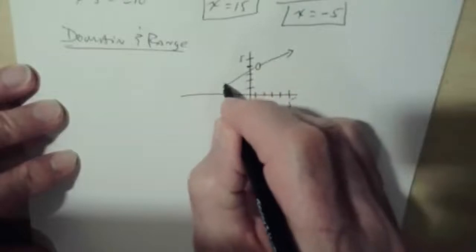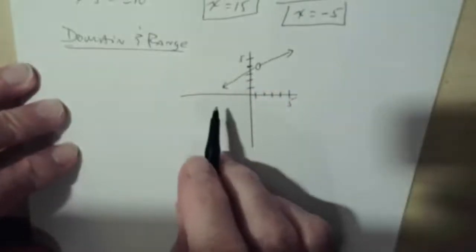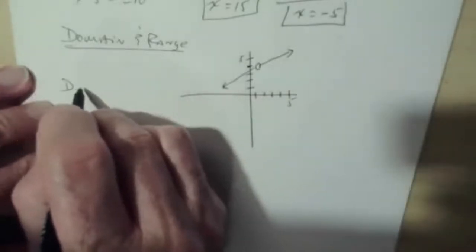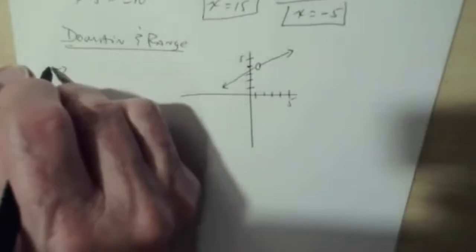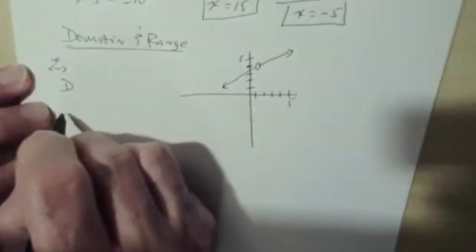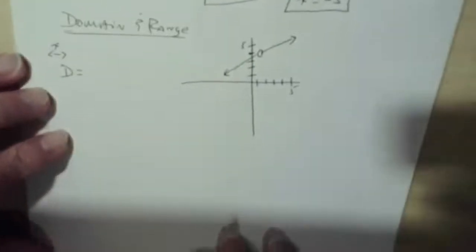Now, domain goes from side to side of the x's, and range goes up and down. First, let's do the domain. Where does it start, from left to right?